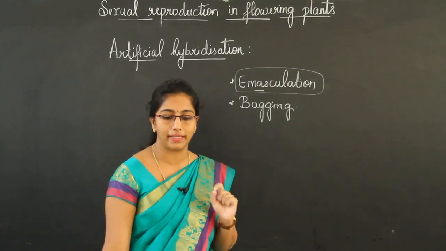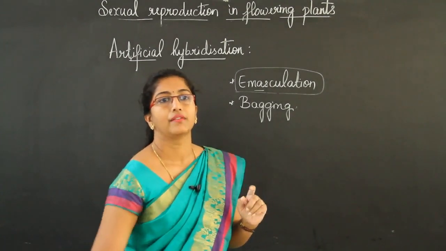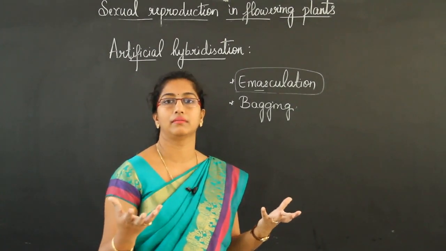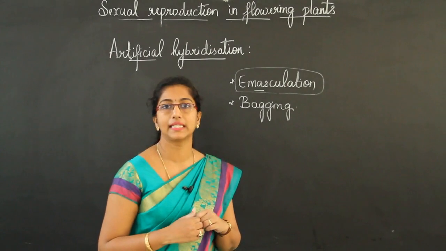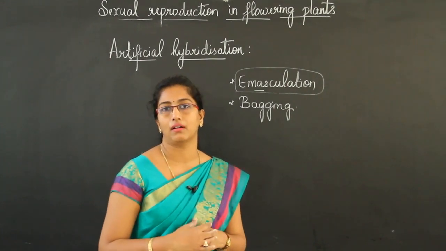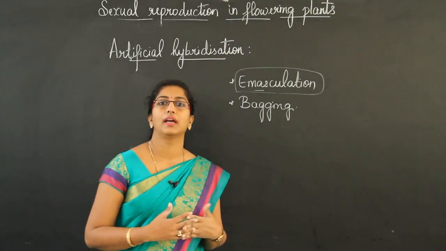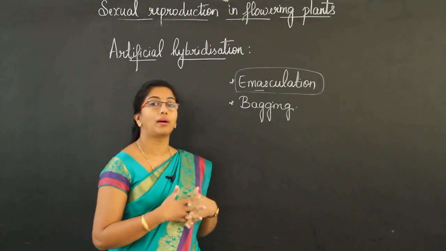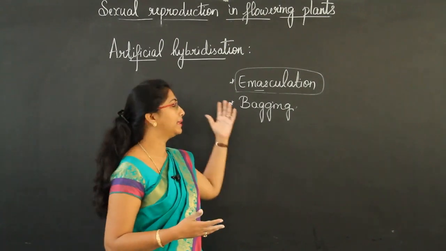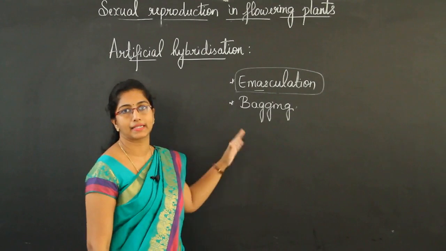As I told in the beginning, with a hybrid plant or hybrid variety we want to combine all the desired characters to get a superior variety of plant. This information has helped a lot in crop improvement programs, and this knowledge has been used practically.